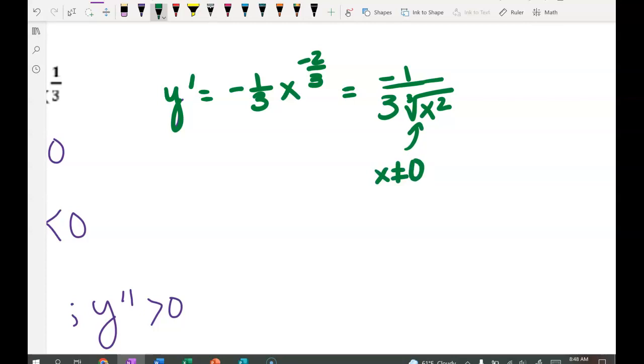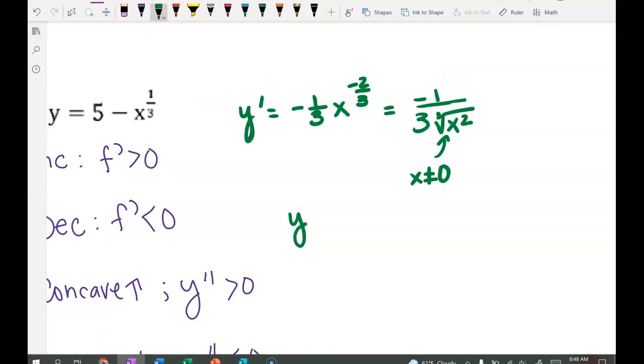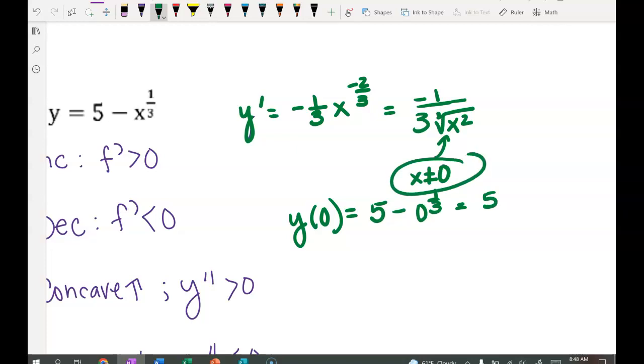So this is the critical point since y of 0 is okay to have, because y of 0 is just 5 minus 0 to the 1/3, which will give us 5, okay? So that's why this is a critical point with a y value of 5.